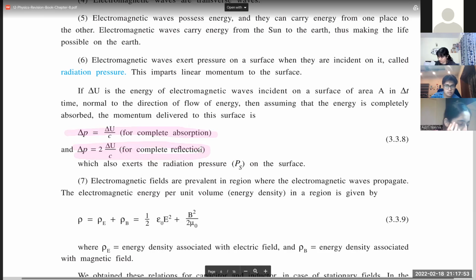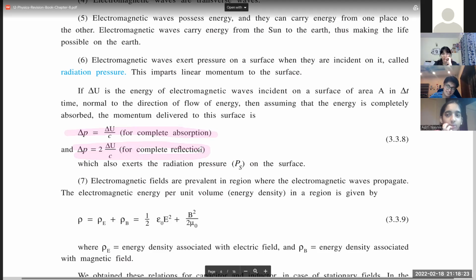Now consider the second case, when the ball goes but reflects back with the same speed. What is the initial momentum? 1. The final momentum? It is reflected back, so minus 1. What is the change in momentum?